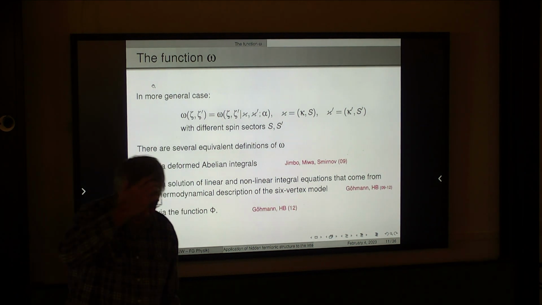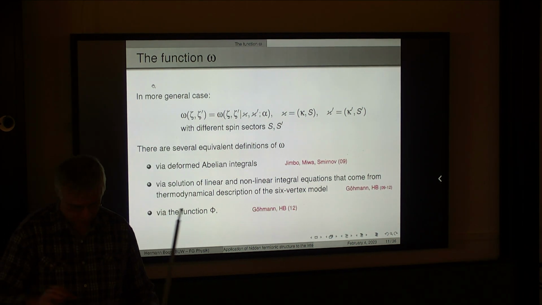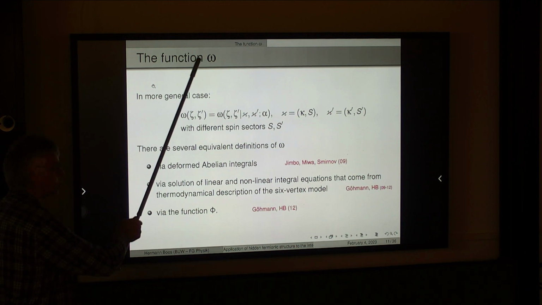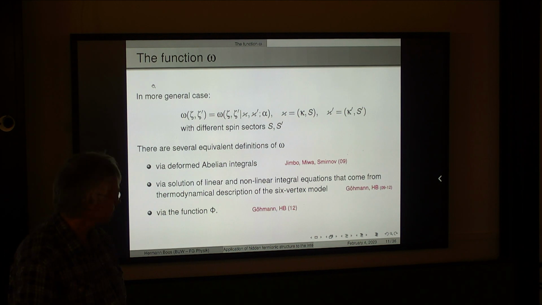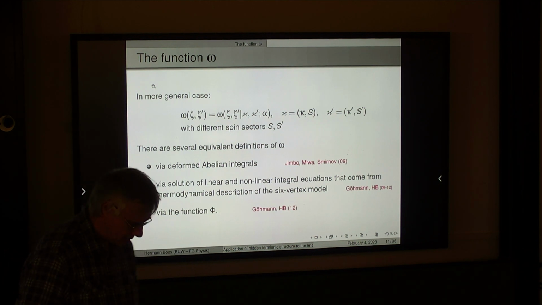so one of my basic things in this talk will be the function omega and its properties. Some of them are actually new.